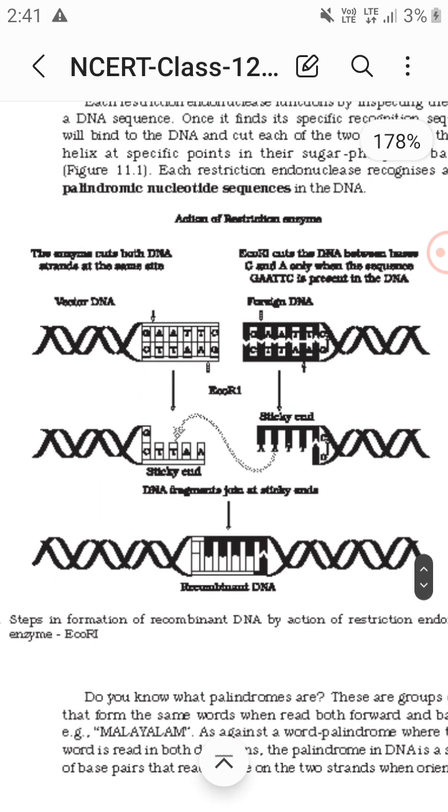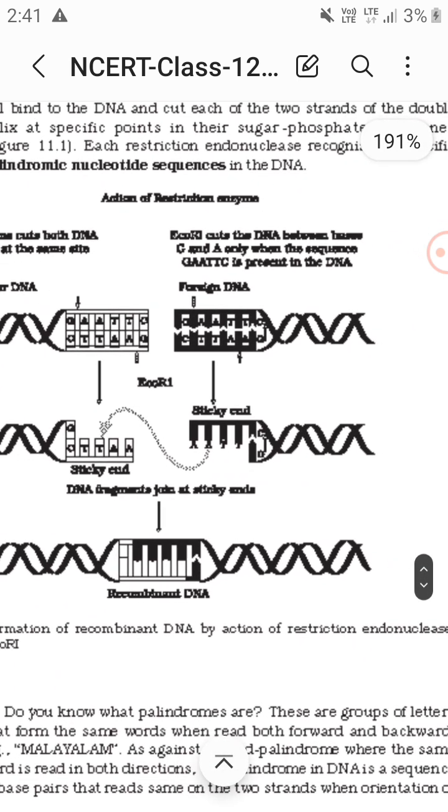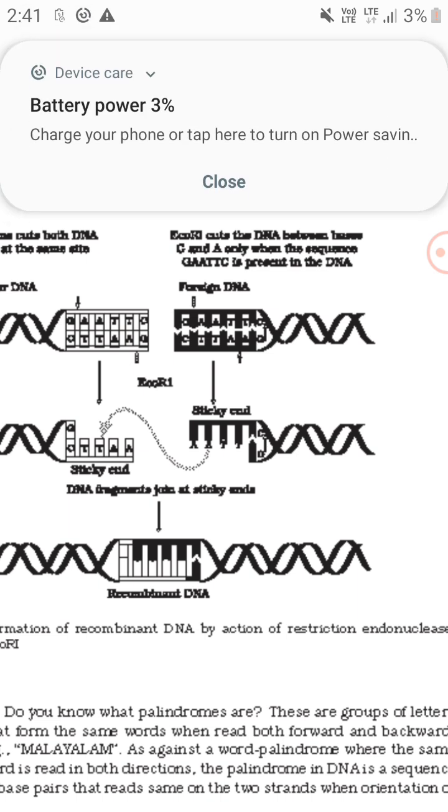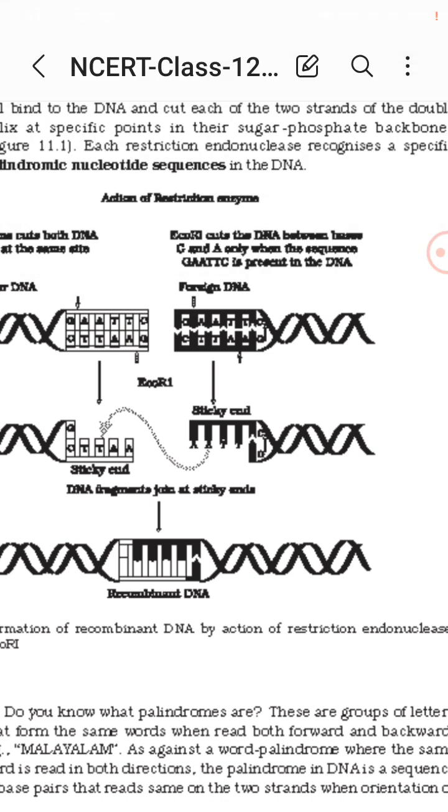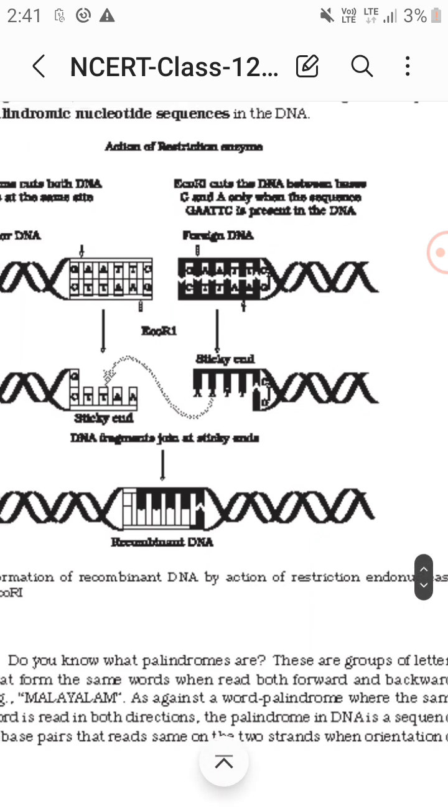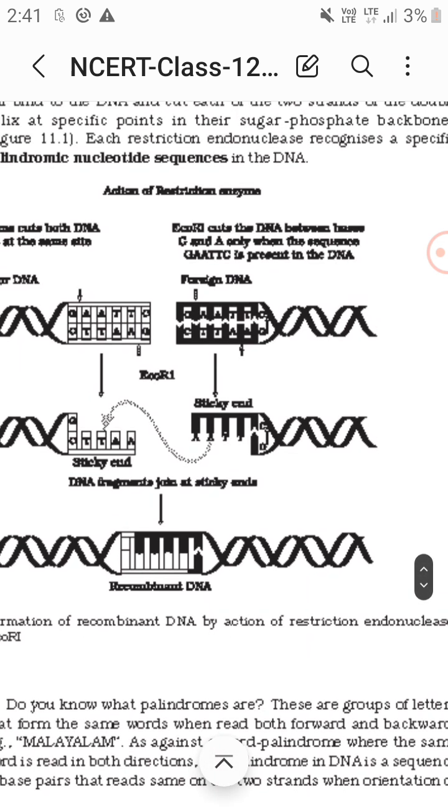This one is the vector DNA, another one is the foreign DNA. EcoRI cuts the DNA between the bases G and A, only when the sequence GAATTC is present in the DNA.